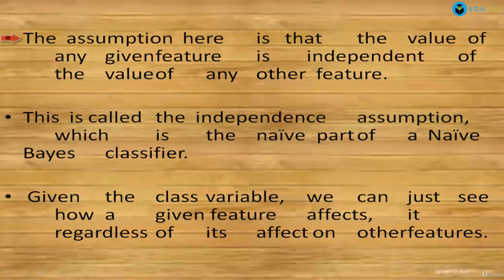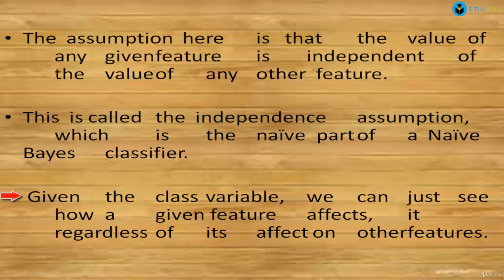Now see, the assumption here is that the value of any given feature is independent of the value of any other feature. So this is the main assumption which we are assuming here, that we have different features, and each feature from that list is not dependent on any other feature. And that is called the independence assumption, which is the naive part of a naive Bayes classifier.